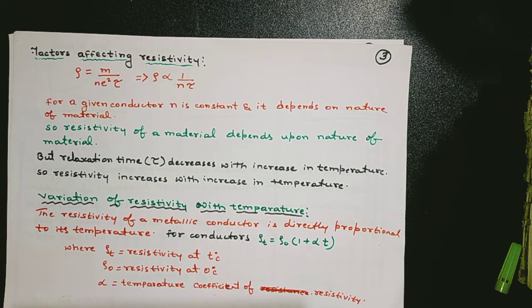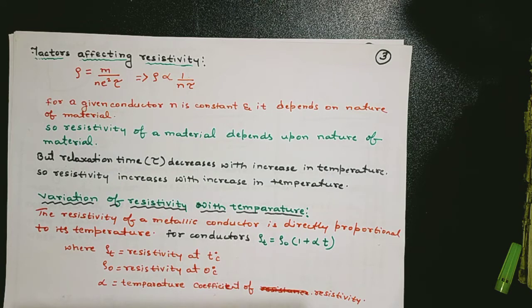So this is a very important expression. Resistivity of a material at some given temperature is rho naught, the resistivity of the material at 0 degree Celsius, into 1 plus alpha T. Alpha is again a constant for a given material called as temperature coefficient of resistivity of the material.